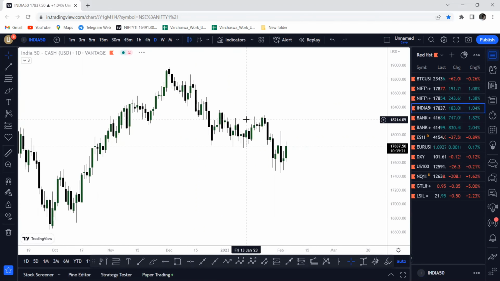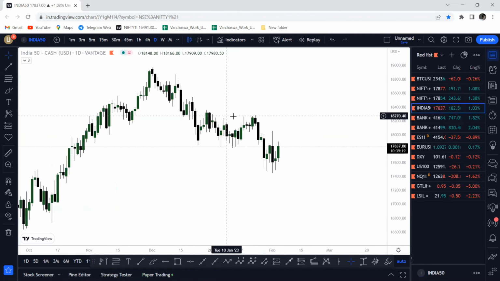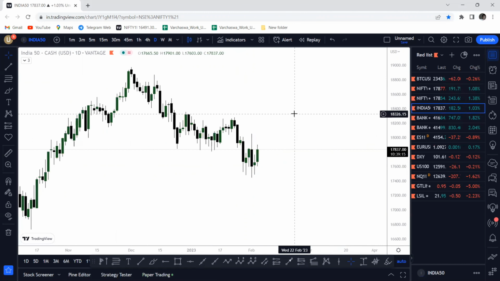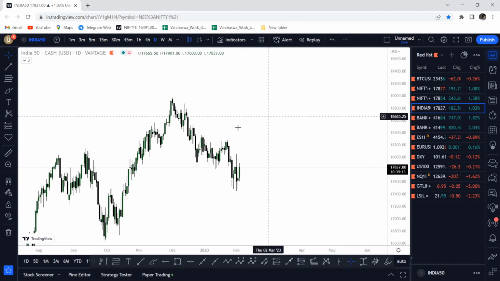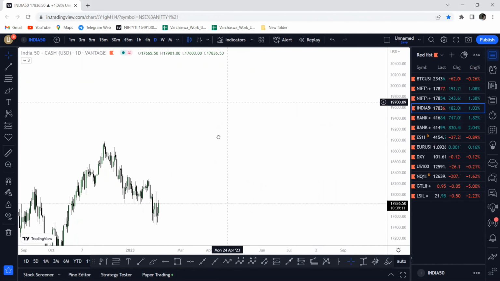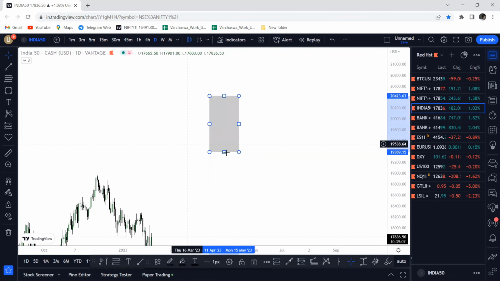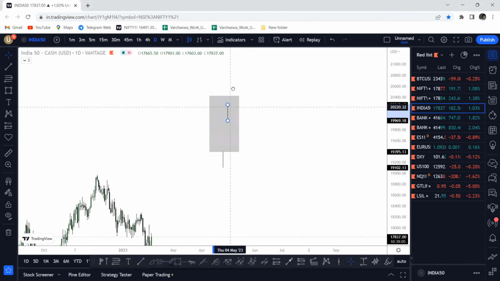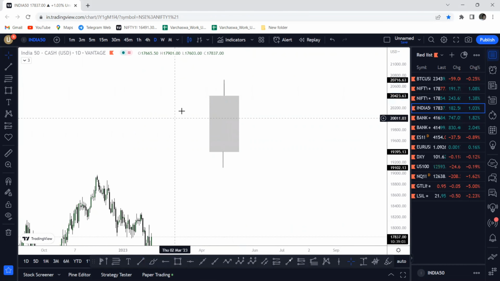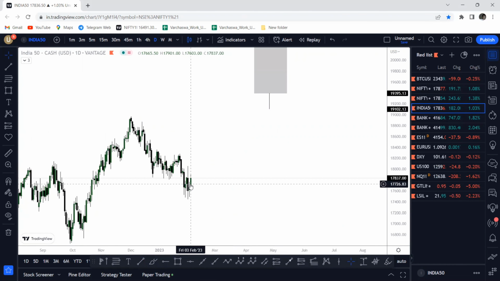Now, how are you supposed to use this particular chart for trading Nifty? I'm going to tell you something very important, completely based on market algorithm. We learned this about the candlestick, but what time does the market open?